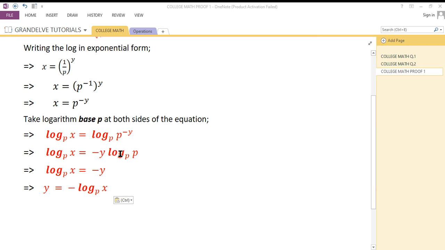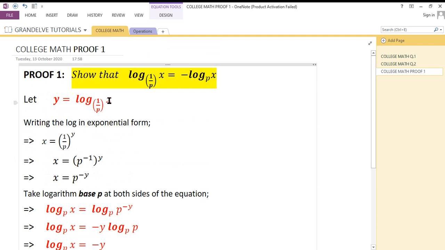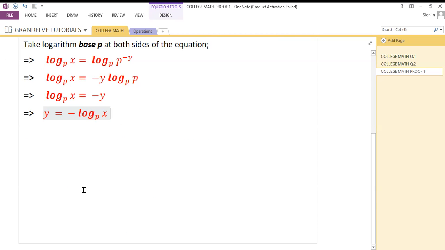Remember that at the top, we said that y should be equal to log x base 1 over p. Y was never part of the proof. We introduced it. So if now we have y equal to negative log x base p, we should represent the y, which we said is supposed to be equal to log x base 1 over p.